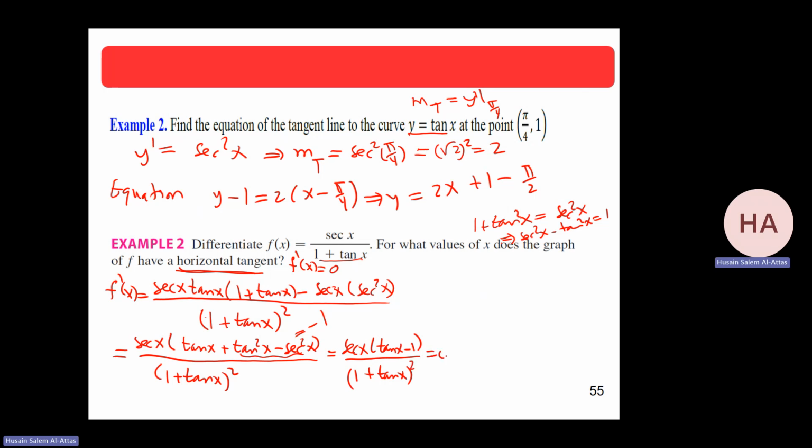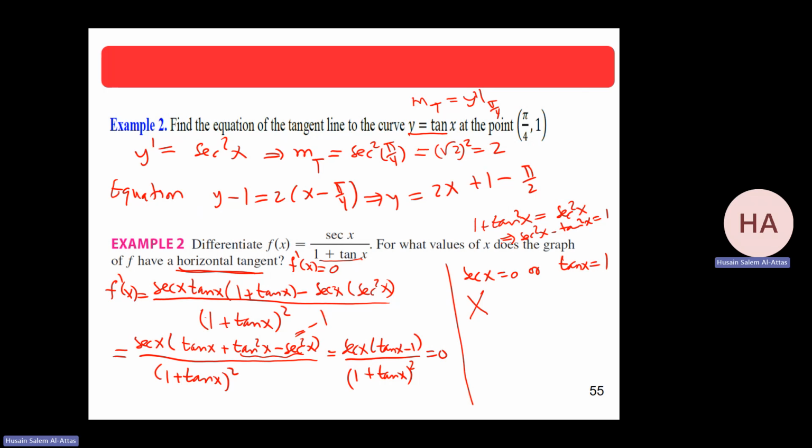If I make it equal to 0, I have two cases: secant x equals 0 or tan x equals 1. Secant x equals 0 is impossible. As we know, secant is 1 over cosine, and secant should be either greater than or equal to 1 or less than or equal to minus 1. It cannot be equal to 0.